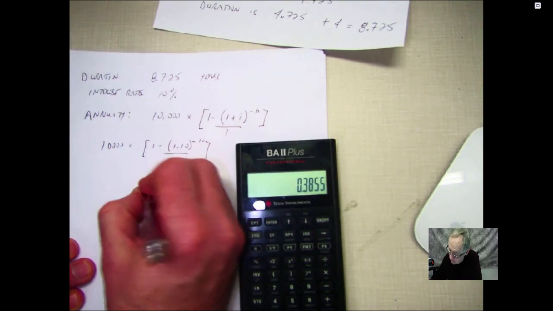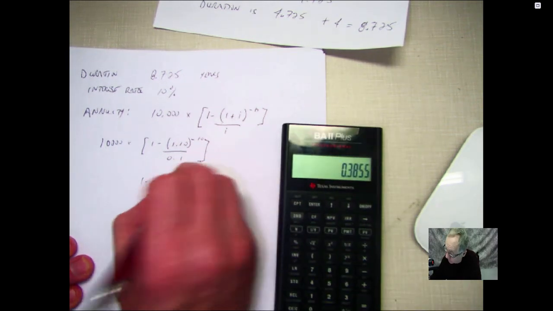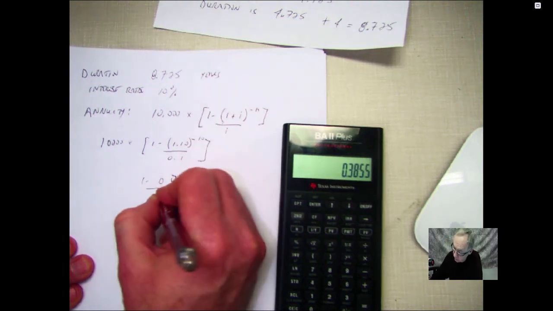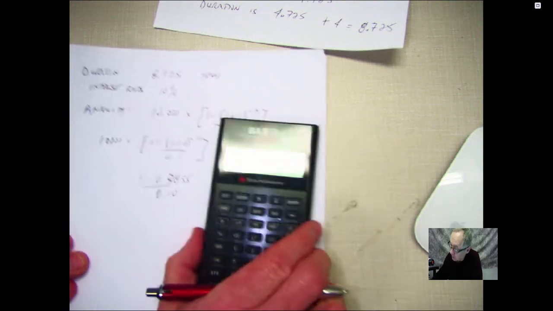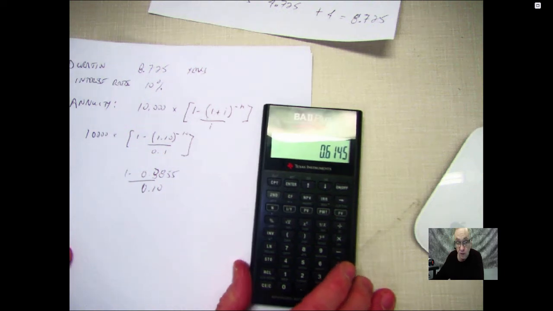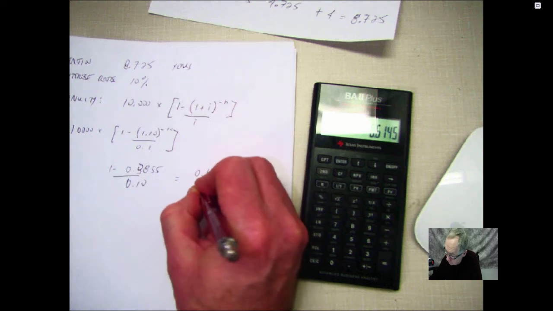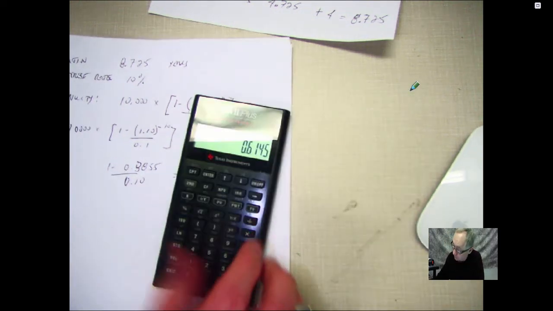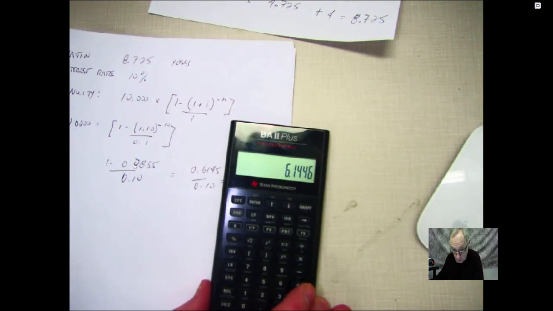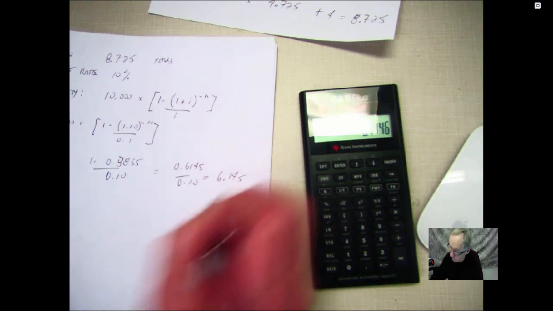So 1 minus 0.3855, which is 0.6145, divided by, in this case, 0.10, gives us 6.1446, or 6.145 for simplicity.